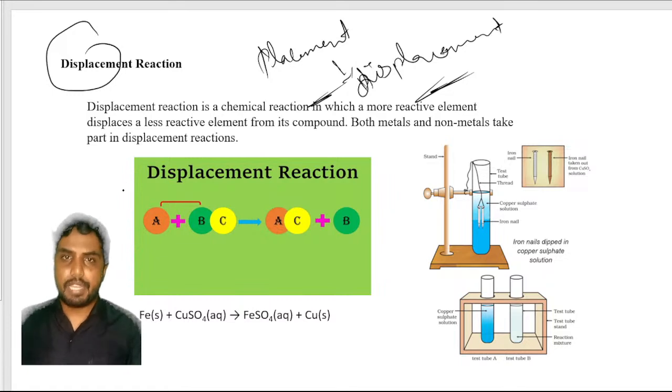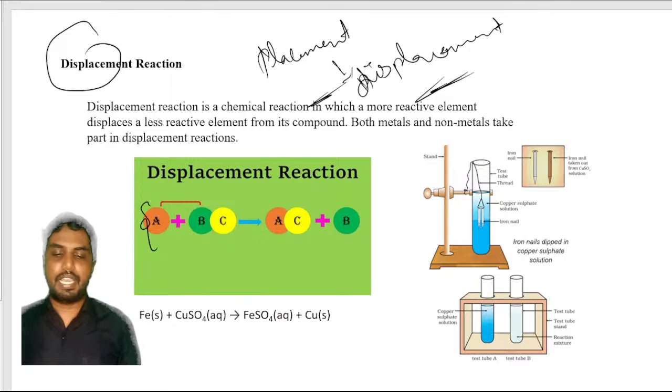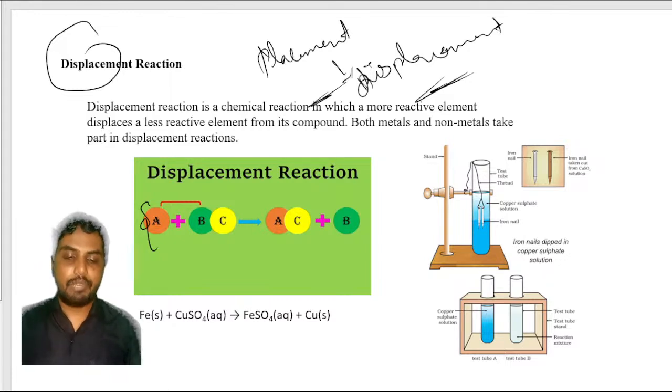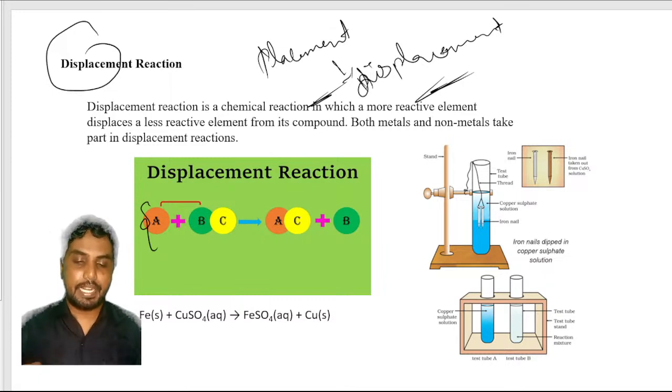See here, displacement reaction. A displacement reaction is a chemical reaction in which a more reactive element is displaced, or rather, a more reactive element will be replaced with a less reactive element from its component.